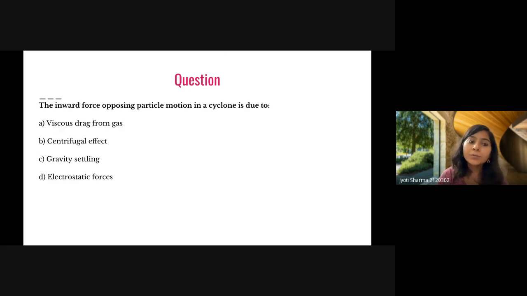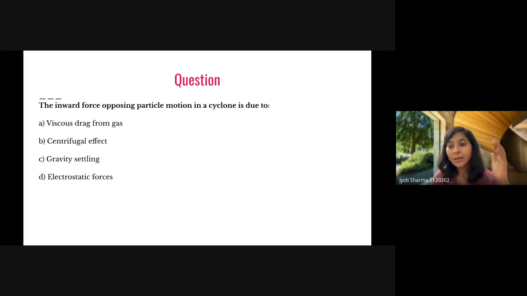If we are talking about the inward force that will be opposite to the particle motion in the cyclone, this is due to what? Viscous drag from gas, centrifugal, gravity settling, or electrostatic force. No, centrifugal force is for the outward. For the inward, yes, this will be A, that is the viscous drag force, because that is opposing the motion, and we already talked about that.